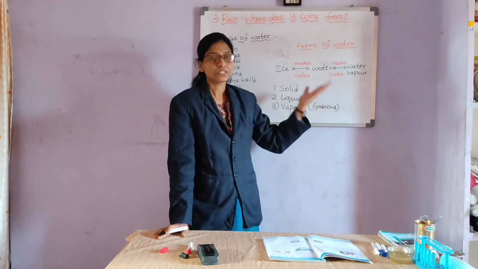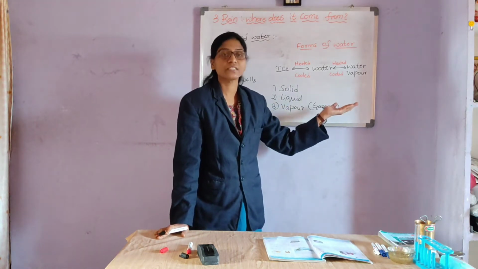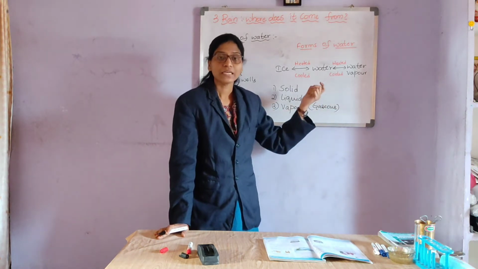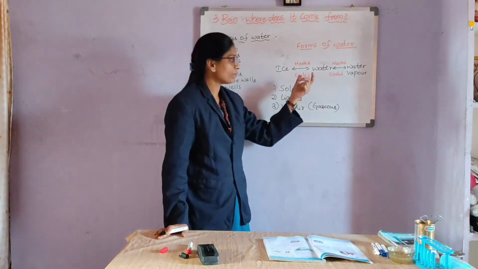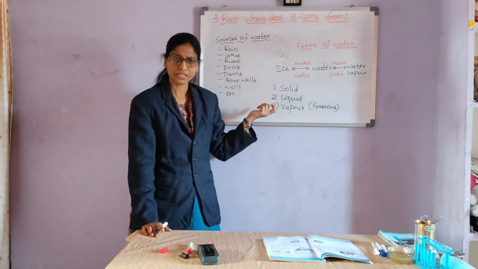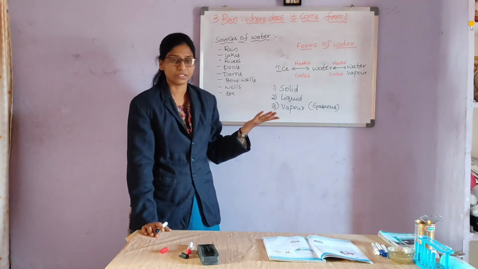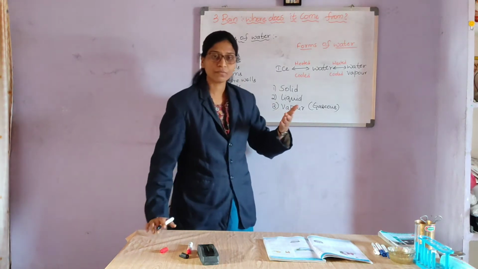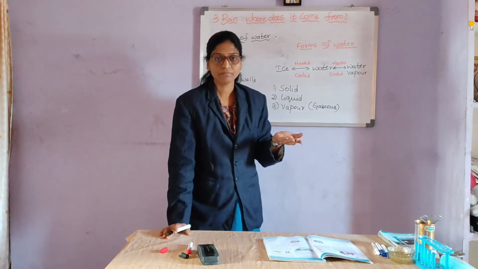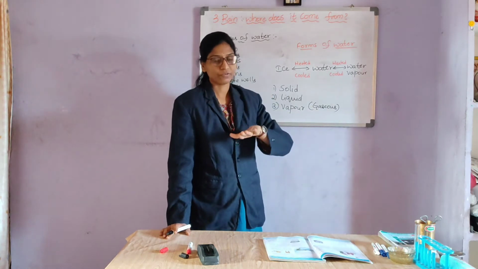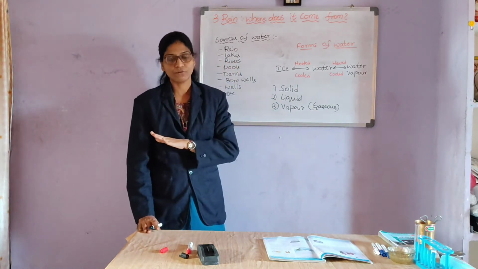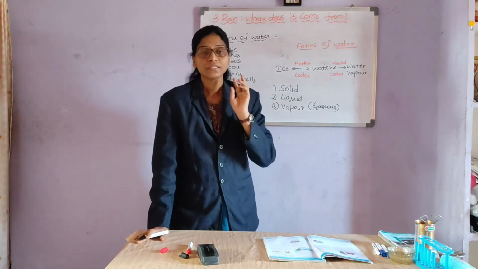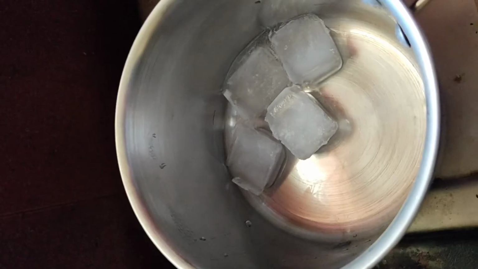The process of changing water vapor into water is called condensation, and similarly water into ice. These are the processes where solid changes to liquid, liquid to gaseous form, vapor to liquid, or liquid to solid. Like this, water exists in three different states.